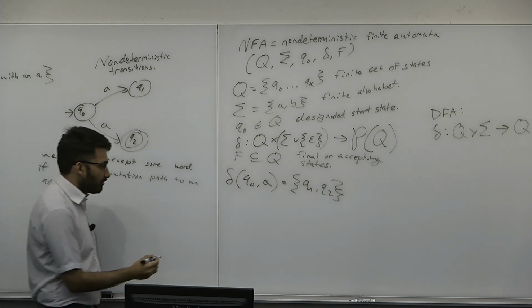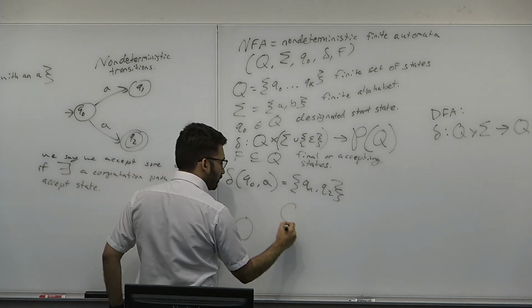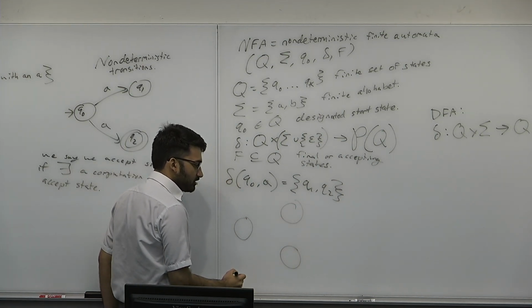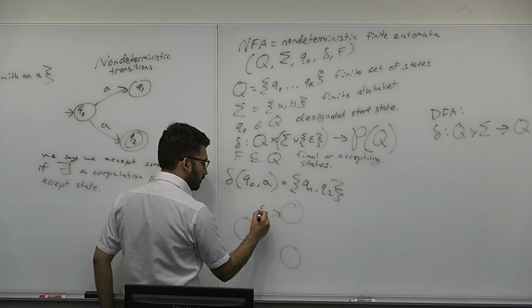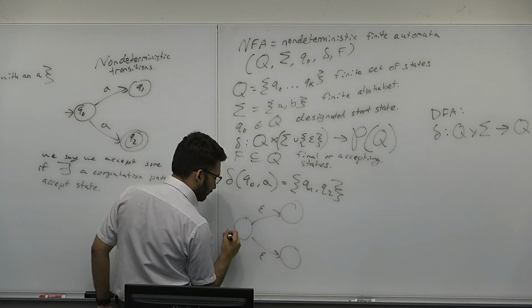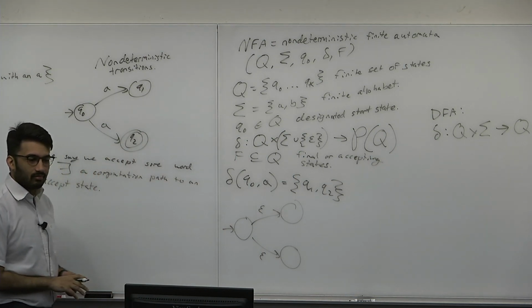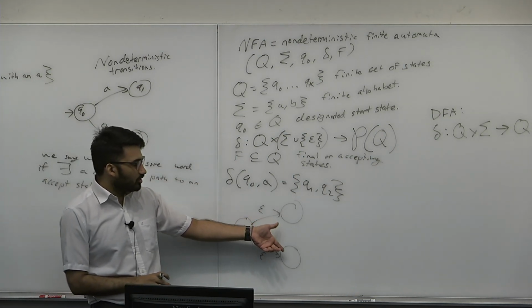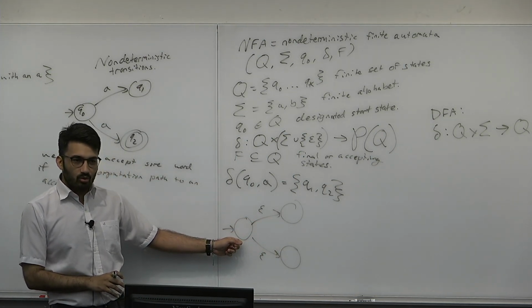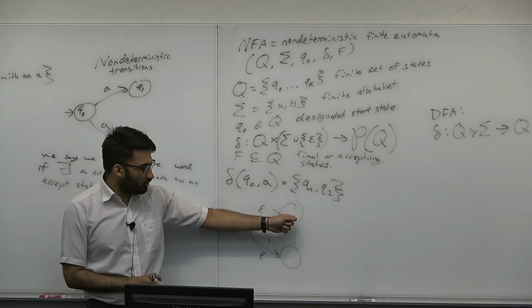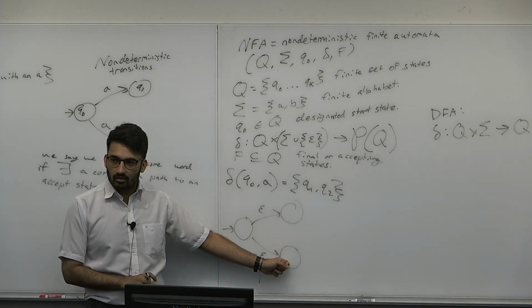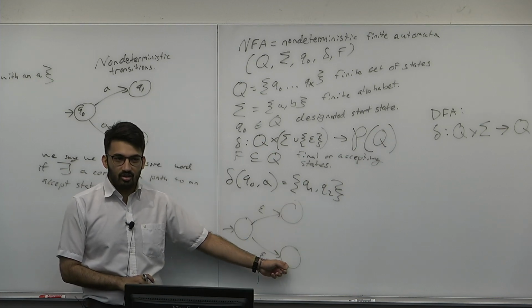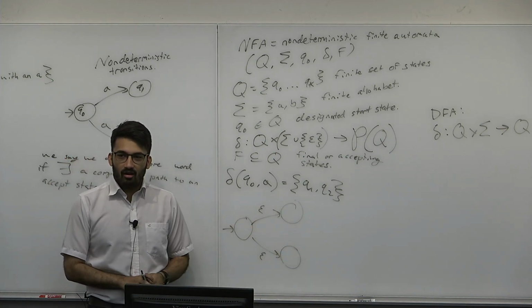Let's say these were the start states you wanted. If you start here, you can now start your computation from here or here. You can choose where to start, and you consider all computation paths that accept.